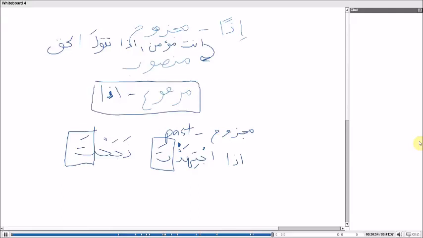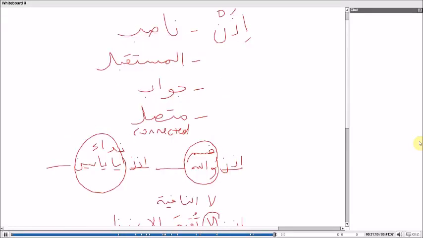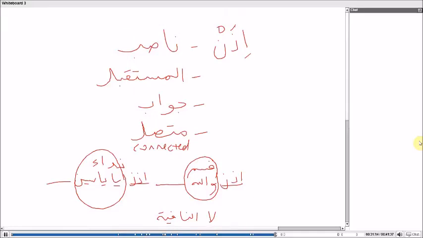So therefore, idhin can be used with the alif, can be used before past tense, present tense, or future, right? Or before a noun. Whereas idhin with the noon can only be used before the present tense.